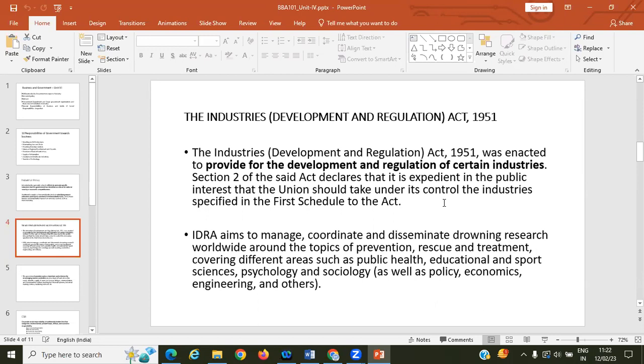Regarding that, the policy, guidelines and standards are mentioned in this act. There are different psychological and sociological policies which are mentioned in this act. IDRA, introduced in 1951.